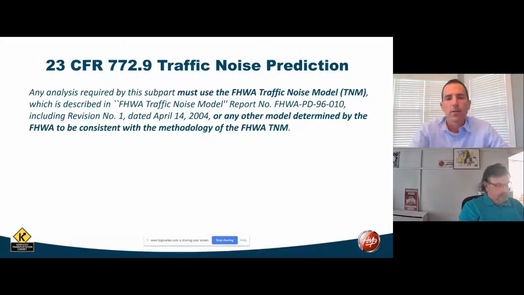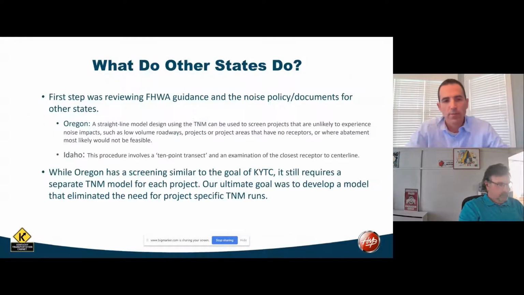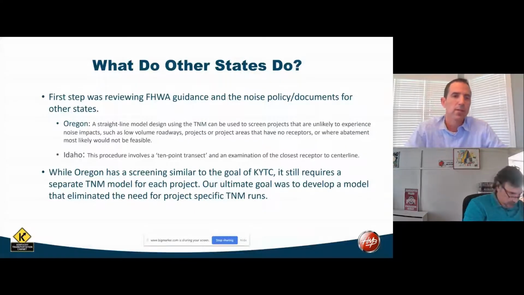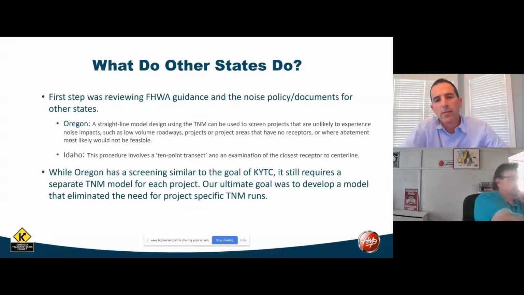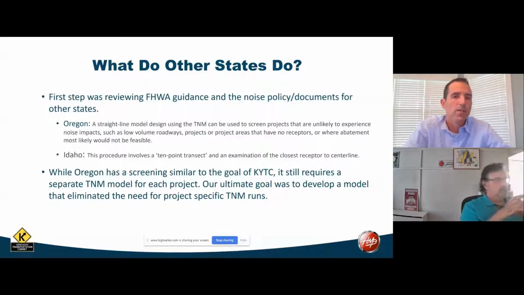That's the way we were framing our discussions, and any thought process, any ideas we had were modeled around that. The first thing you do is look to see if someone else has already done it. You Google it, you look elsewhere. So we downloaded the noise guidance policies for all the other states. We looked at FHWA's guidance documents, and we found that there were 2 states that were doing a screening process of the projects, Oregon and Idaho.